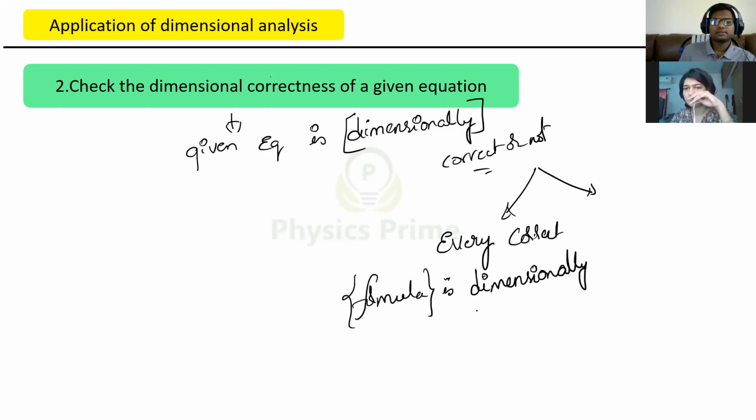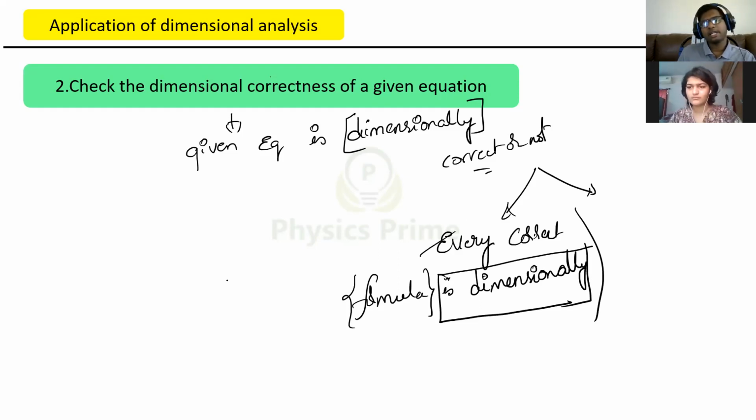If the formula is correct, that means it should also be dimensionally correct. This is quite a direct way of saying any formula is correct. If I give you a correct formula, it should definitely be dimensionally correct. That means its unit should be proper, its dimension should be proper.